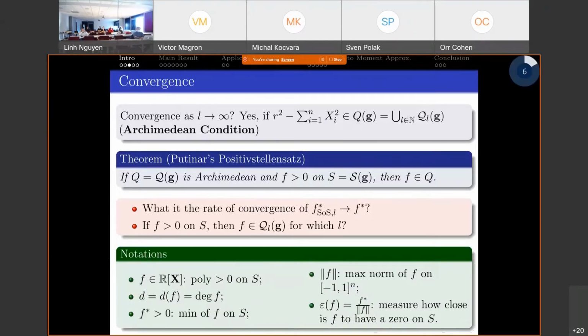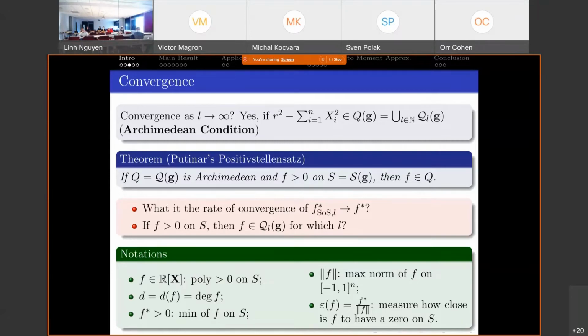I will fix some notations that I will recall during the presentation, but it's better to fix them now. So we will have our f, that is a polynomial strictly positive on S. I will denote by d, or d of f, the degree of f. And then I need to introduce some measure of how close f is to having a zero.